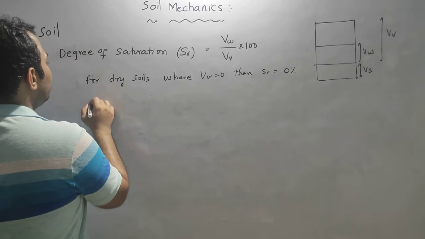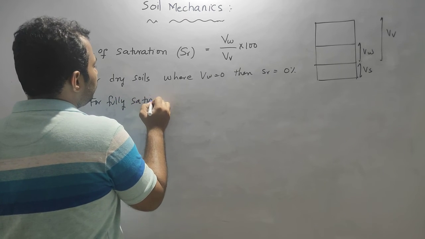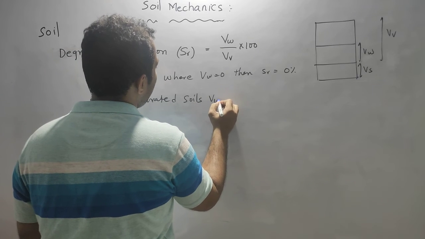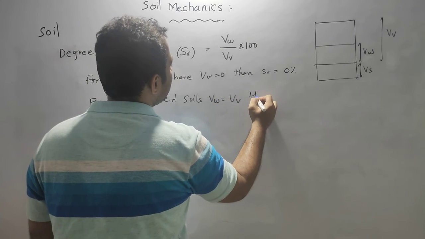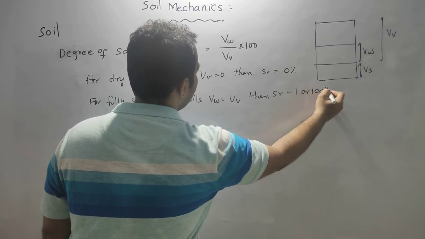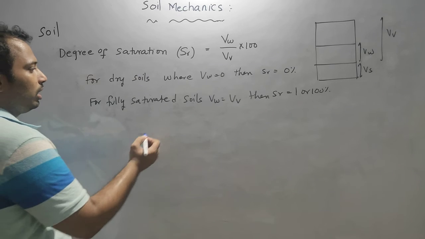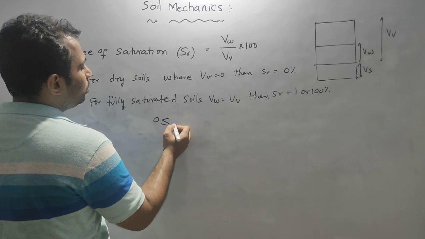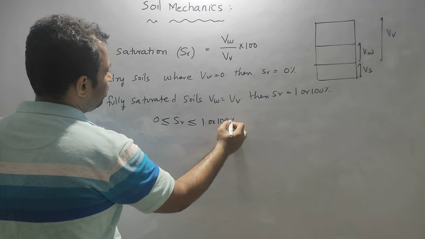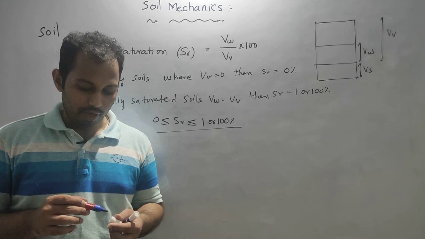For fully saturated soils, Vw is equal to Vv, then Sr is equal to 1 or 100%. So the limits of Sr: 0 <= Sr <= 1, or 100%. So this is the limit of degree of saturation.